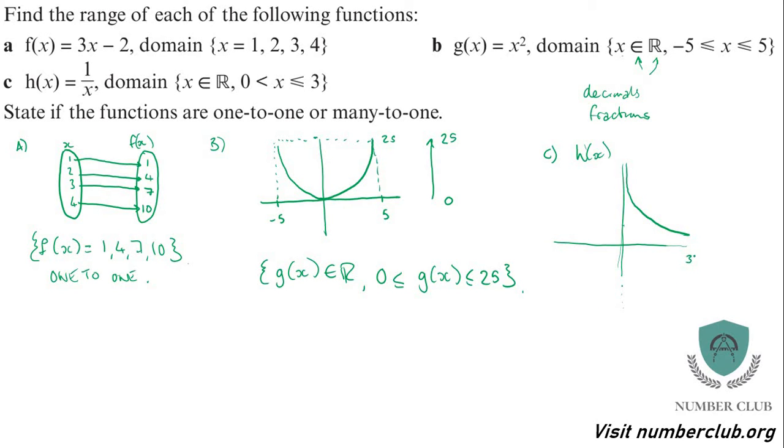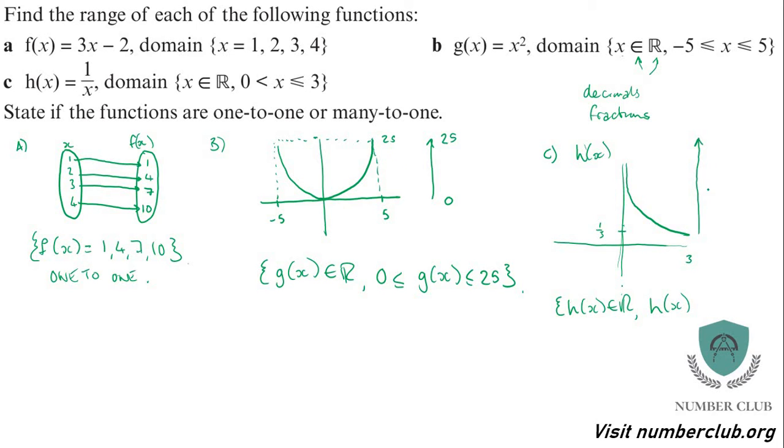And we've got here, when 3 goes in, we get 1/3. Okay, so the range for h of x is values where h of x exists within the real numbers. We've got h of x, well, that's 1/3.